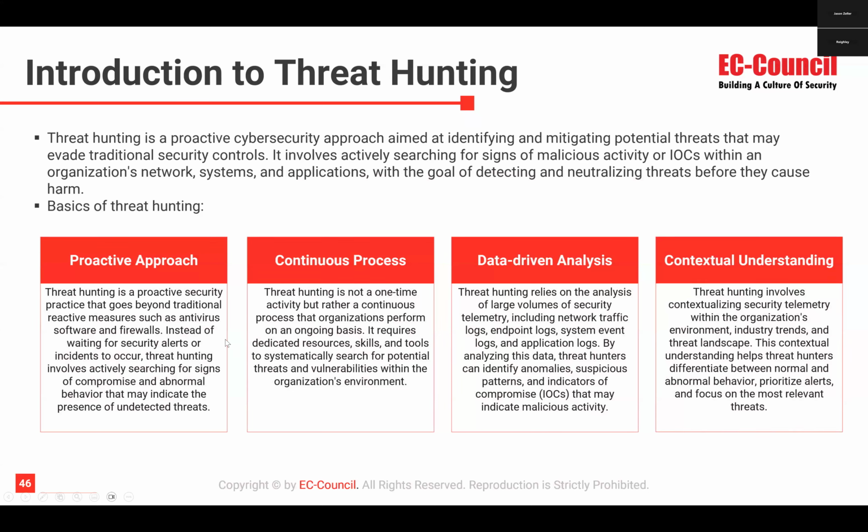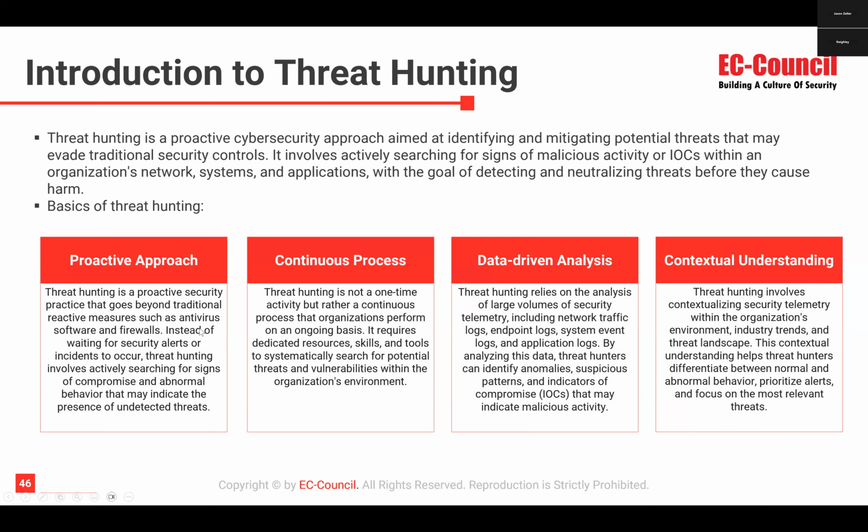So the proactive approach is to send these guys out and do some things against the antivirus measures or firewalls, try to see if we trigger security alerts, that kind of thing, in order for us to see what's going on. It's a continual process. Threat hunting is not a one-time activity, but it should be performed at different intervals throughout the time and on an ongoing basis.